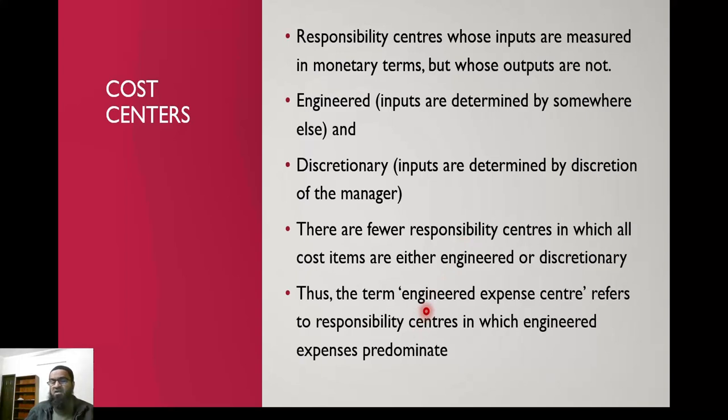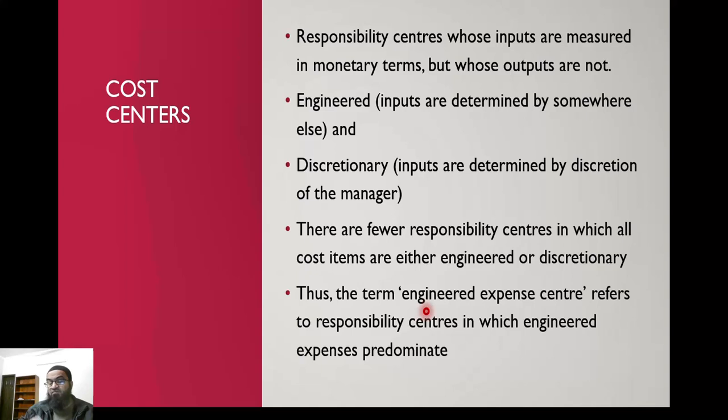So these terms, this vocabulary, is relative vocabulary. When there is a department, a business unit, for which there are more expenses related to the output of other departments, then that's an engineered cost center. And if there are fewer expenses proportionate to the output, then that's more of a discretionary cost center.